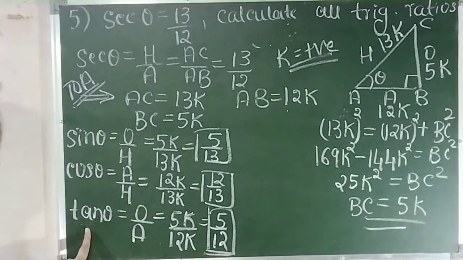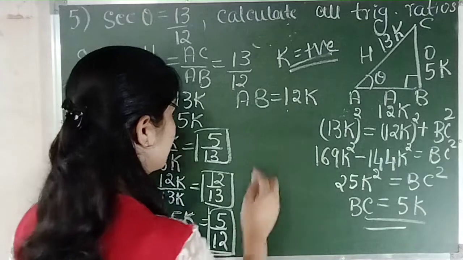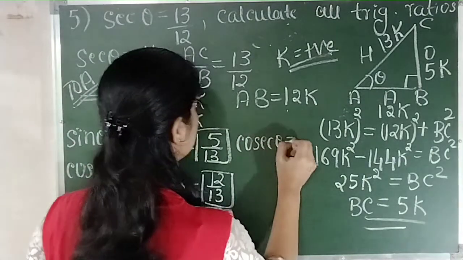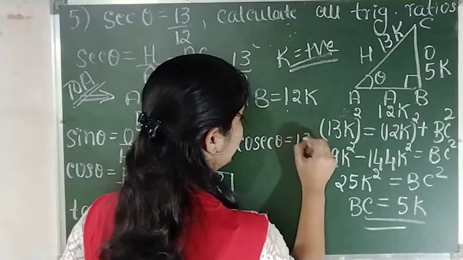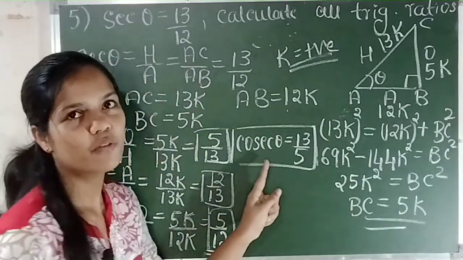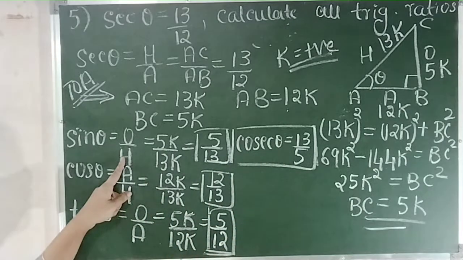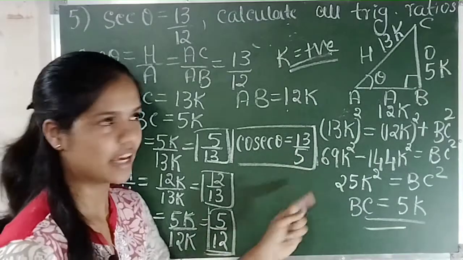Now next find the reciprocal of sine, that is cosecant. Cosecant theta is just the reciprocal of sine theta, that is 13 by 5. But write the formula for cosecant theta. You write cosecant theta is equal to hypotenuse by opposite, and that is equal to 13 by 5.